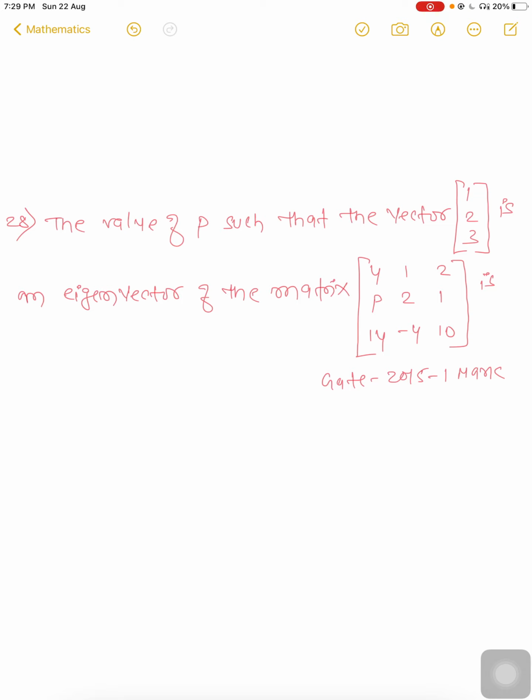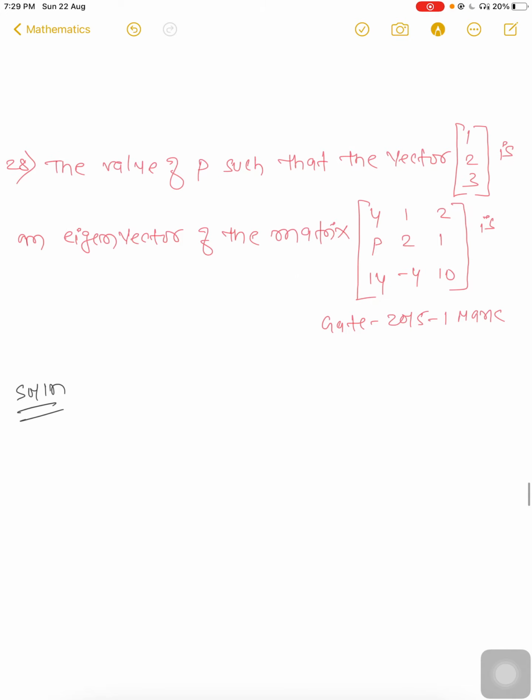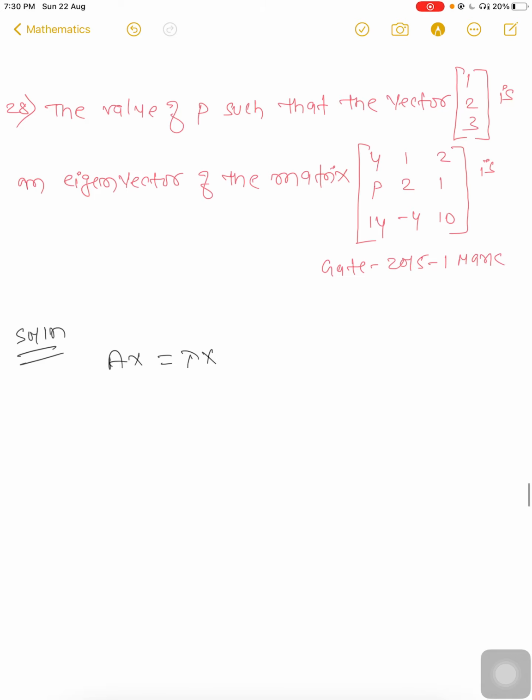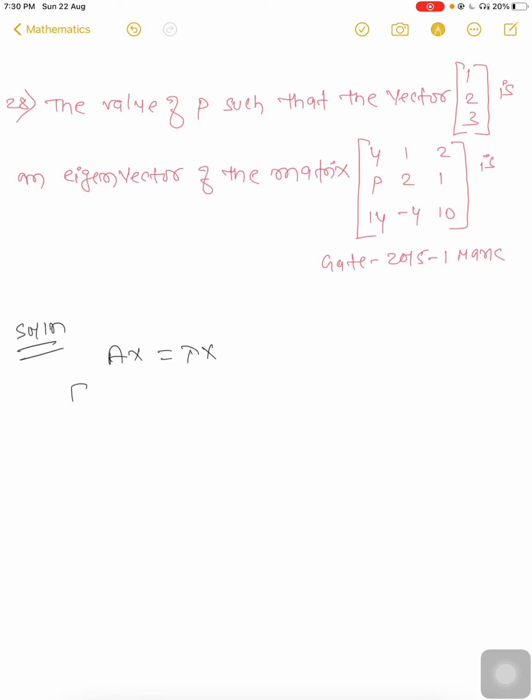The value of P such that vector 1, 2, 3 is eigenvector of the matrix. Value of P, eigenvector of the matrix. A x equals lambda x.